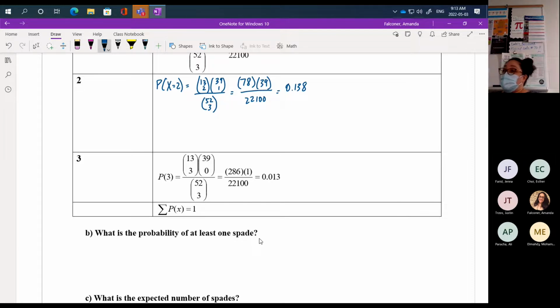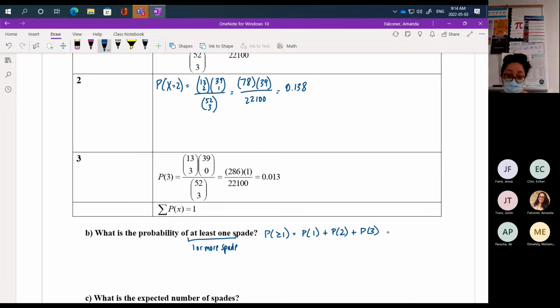Okay, so that wording of at least one spade means one or more spade. So a little short form here, we're going to be greater than or equal to 1. One or more spade is going to be the probability of getting one spade, or the probability of getting 2 spades, or the probability of getting 3 spades.